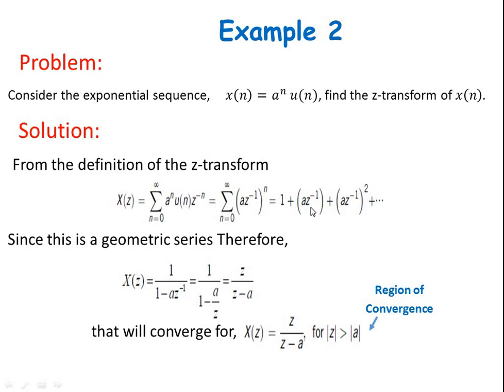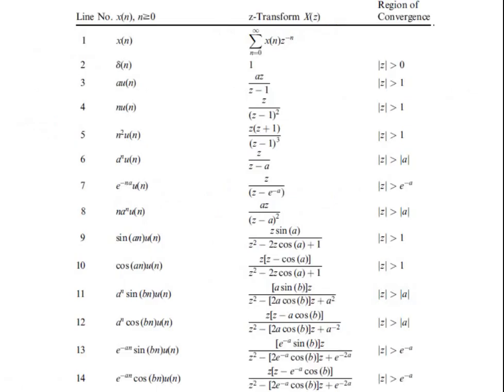Only that difference is there. At last we can get the equation as Z divided by Z minus a. This is the second formula to keep in mind for solving further problems in this unit.